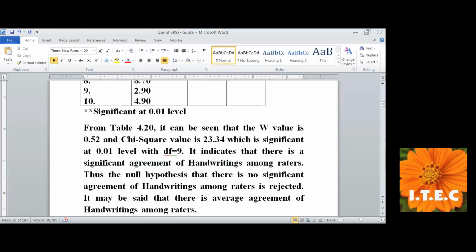Or you can say, it may be said that the agreement of handwriting, the ratings of agreement among raters is average. You can put it like this.